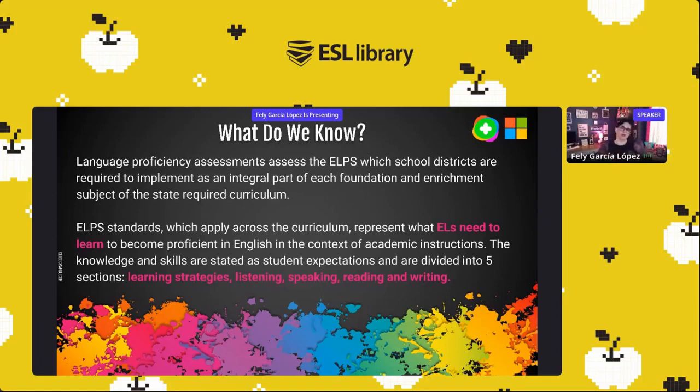How am I going to be able to differentiate the class for my students? What learning strategies am I going to teach them so that they can, in return, work on a piece of literature by themselves, so that they can decode the message of this literature? Or what are the strategies that I am going to bring into my classroom so that my students understand and get the content of class, but at the same time, they acquire the language?